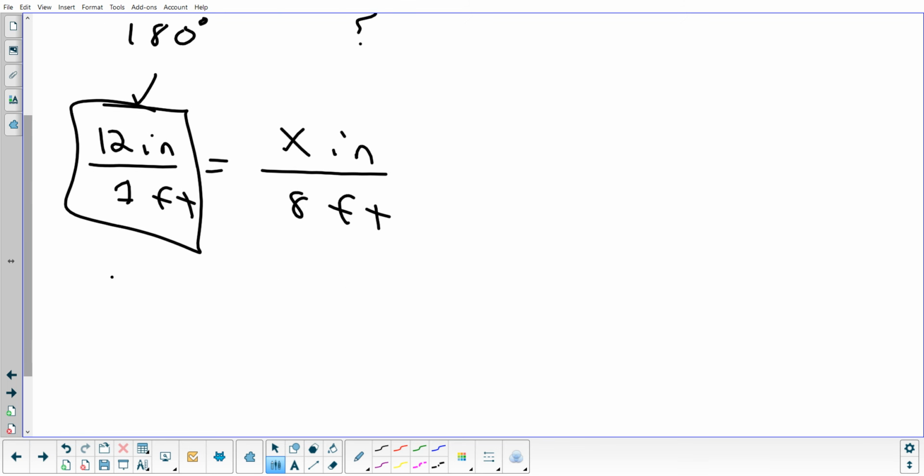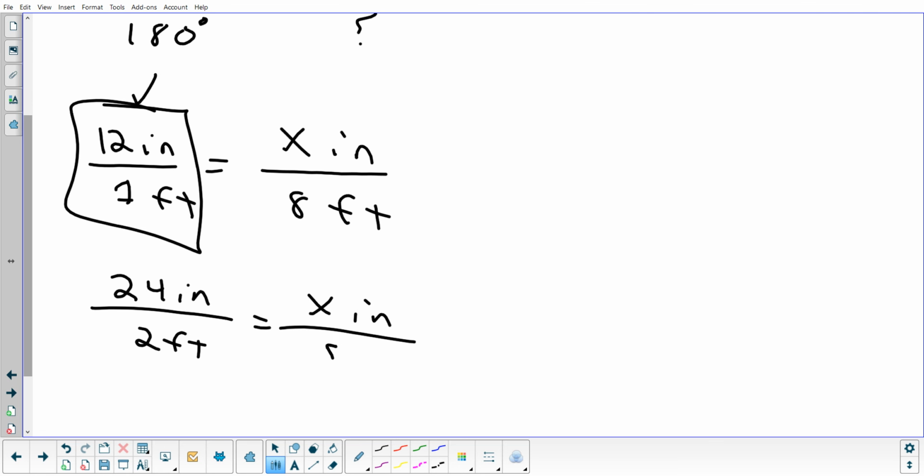Now, what if I did this? 24 inches in 2 feet equals same problem. If I were to solve this one, would it give me the same answer as the one above it? What do you think, John?